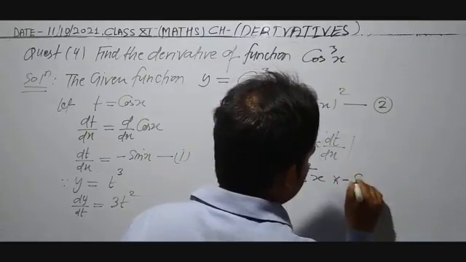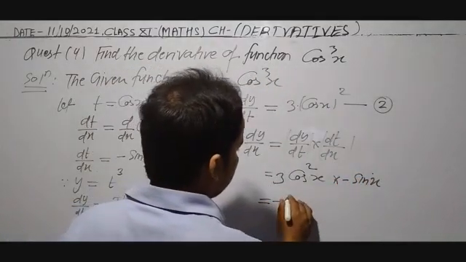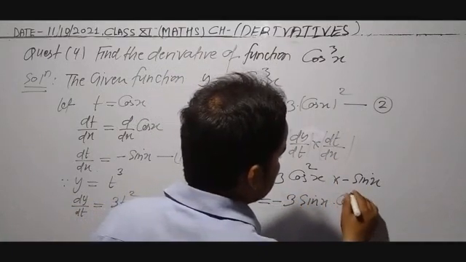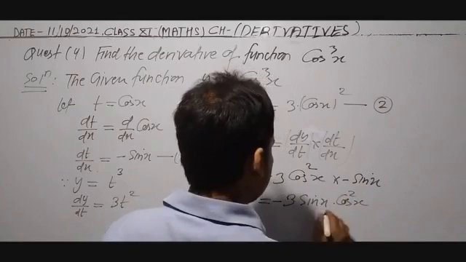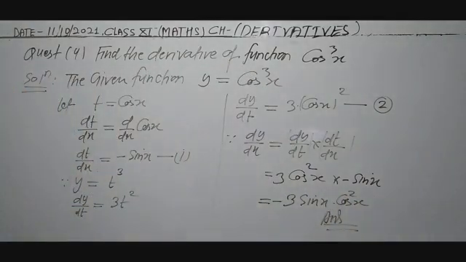So into minus sin x. So result will be minus 3 sin x into cos square x. Now this is the answer.